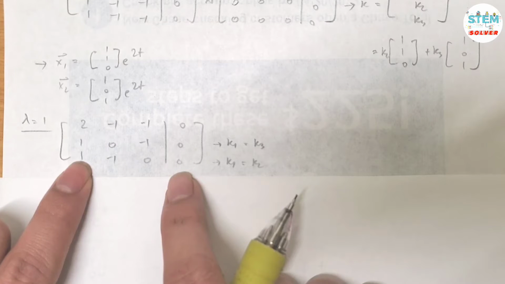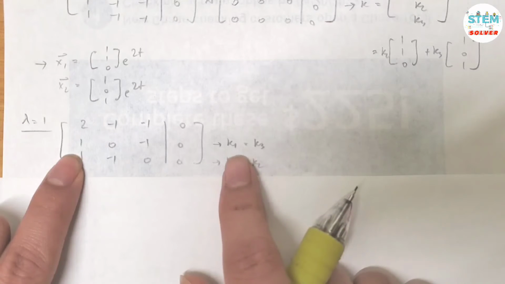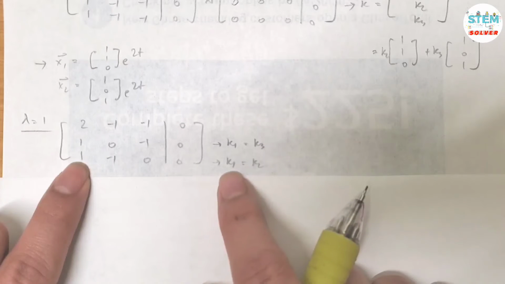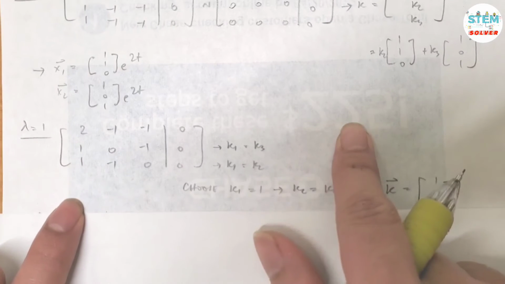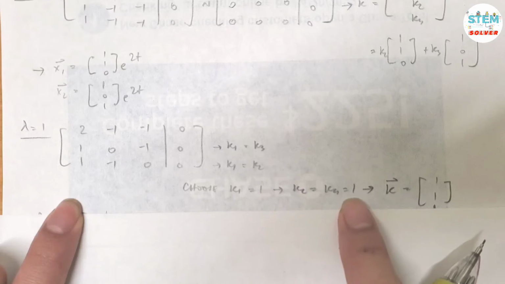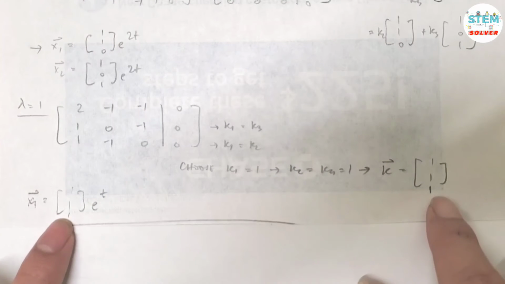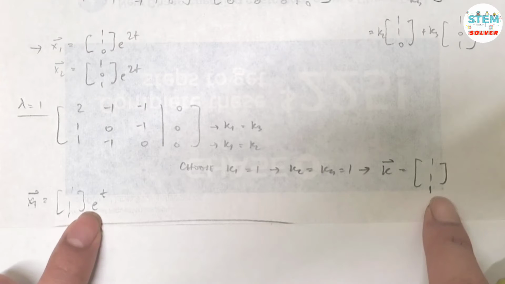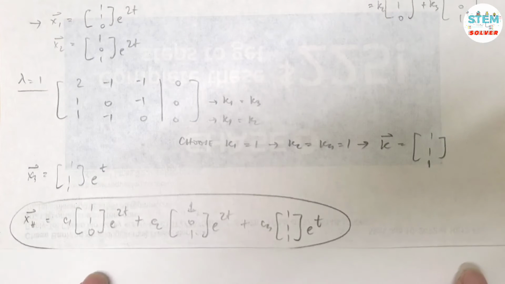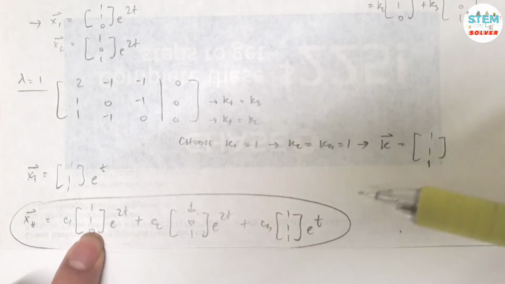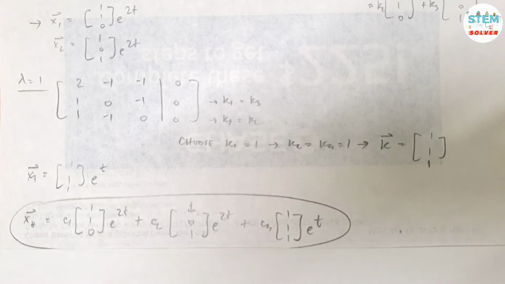From the second equation, I know that k1 is equal to k3. From the third equation, I know that k1 is equal to k2. If I choose k1 equal to 1, then k2 equals k3 equals 1, and my vector k is 1, 1, 1. Then my vector x3 is equal to 1, 1, 1 times e to the t. Then my homogeneous solution is equal to c1 times vector x1 plus c2 times vector x2 plus c3 times vector x3. So that's your homogeneous part.